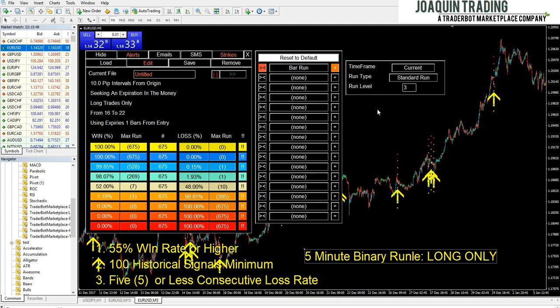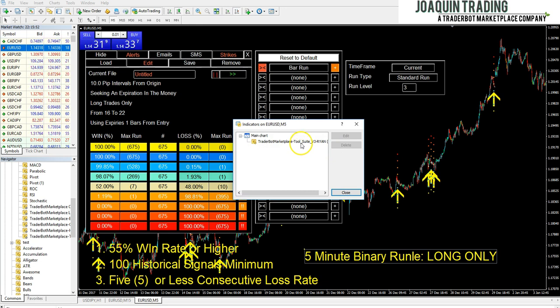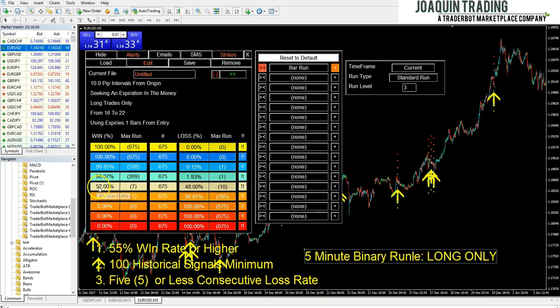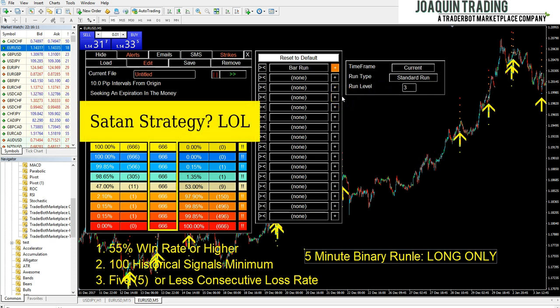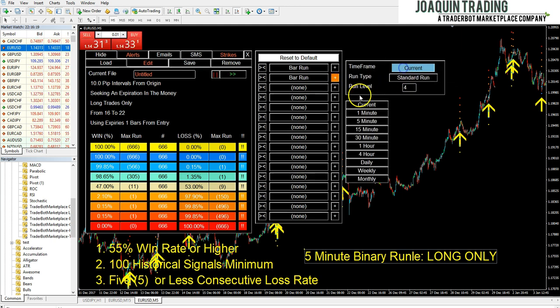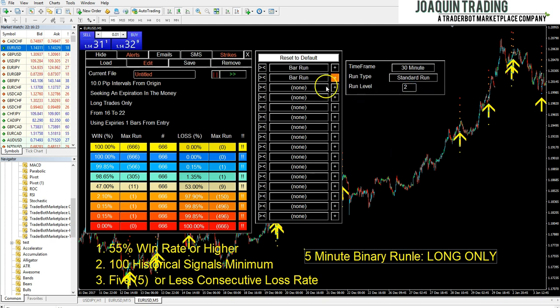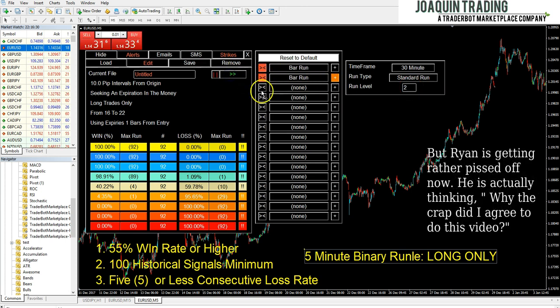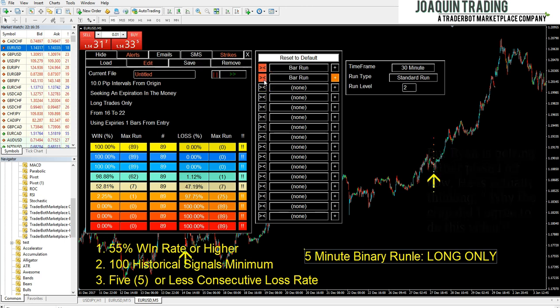But that's one that nobody's going to trade because, I mean, come on. 16 to 22, 52.10, no. Okay, there's another one.